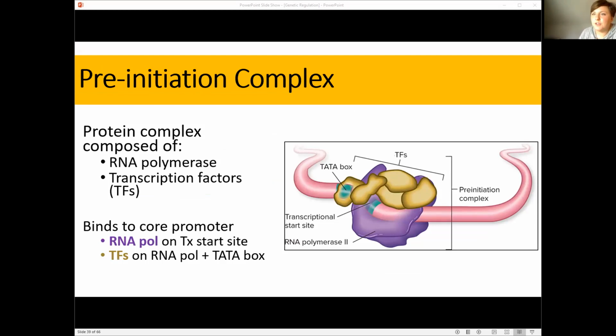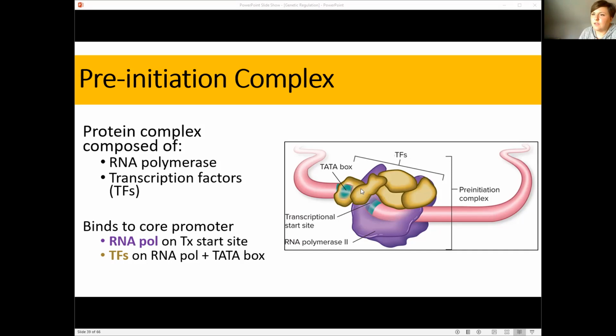Although prior to this lecture, we've discussed transcription as progressing due to the binding of RNA polymerase to the promoter, this is not really the full story. RNA polymerase actually binds to the transcriptional start site, but not alone. It binds in a multi-protein complex called the pre-initiation complex.